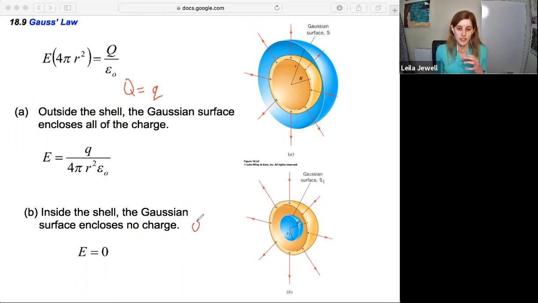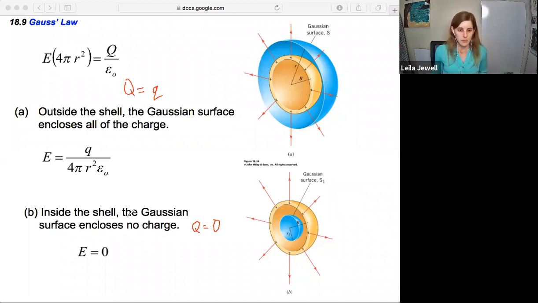So because the amount of charge enclosed is 0, the electric field is also 0 inside the shell. So when there's this open space of air here, the electric field is 0 anywhere inside. Doesn't matter if you're right next to the thin spherical bit or really in the very middle, the electric field will have to be 0.